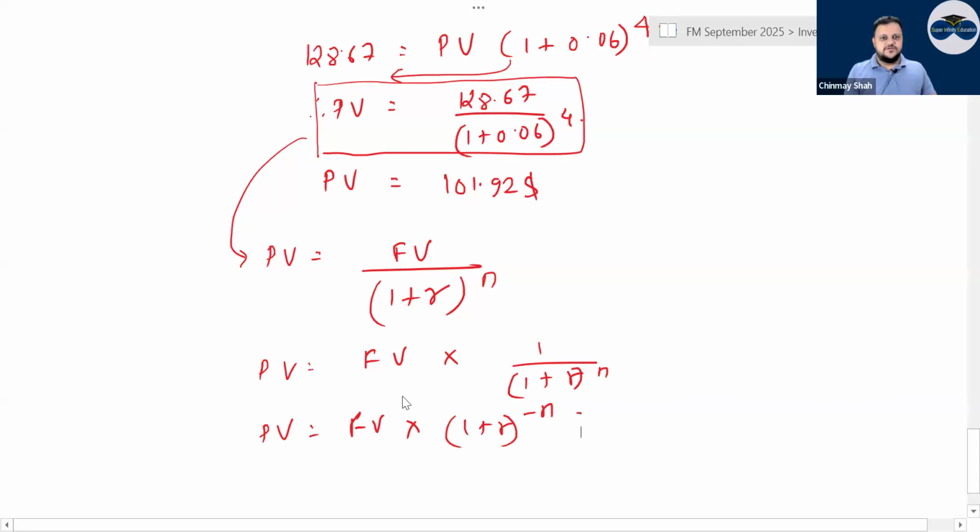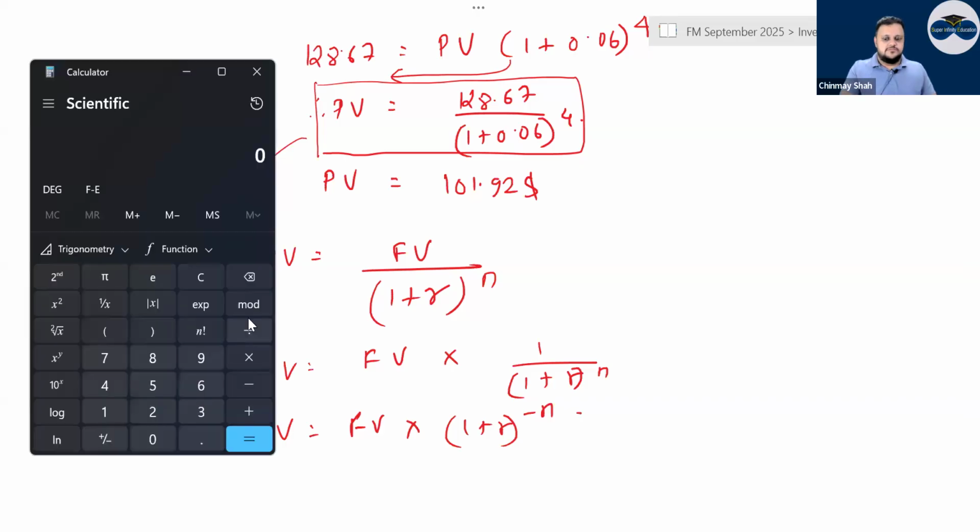Is it visible to you? 1.06 raised to minus 4, multiplied by the 128.67 that you got.